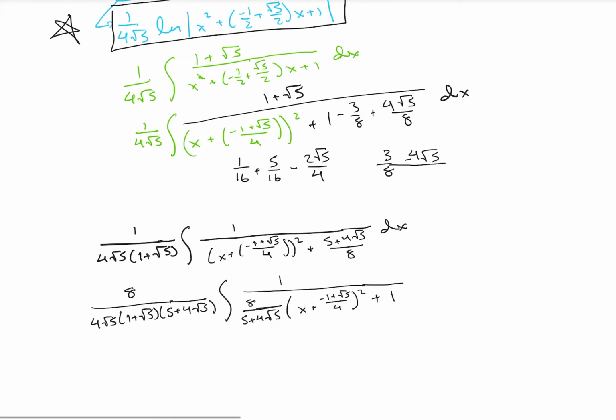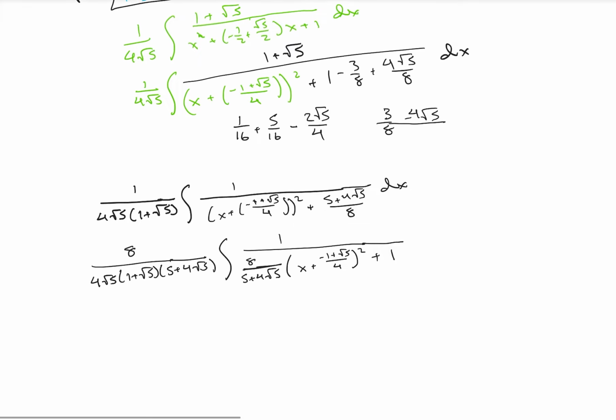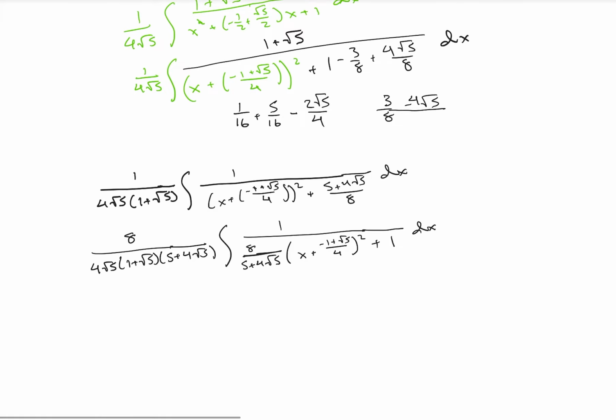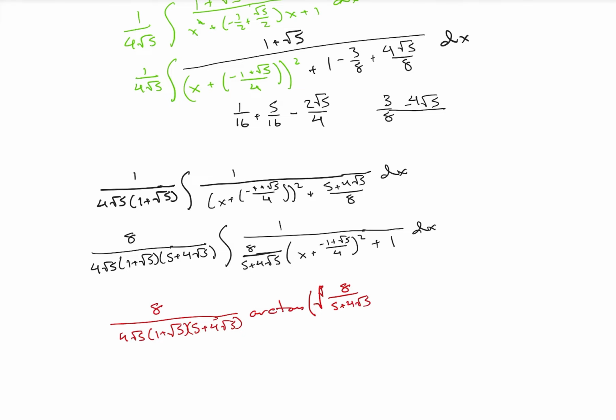And then I'm going to go ahead and work through this. So what I notice here is that this is an arctan, so my answer is going to end up being 8 over 4 root 5 times 1 plus root 5 times 5 plus 4 root 5 times arctan of the square root of 8 over 5 plus 4 root 5 times x plus negative 1 plus root 5 over 4.